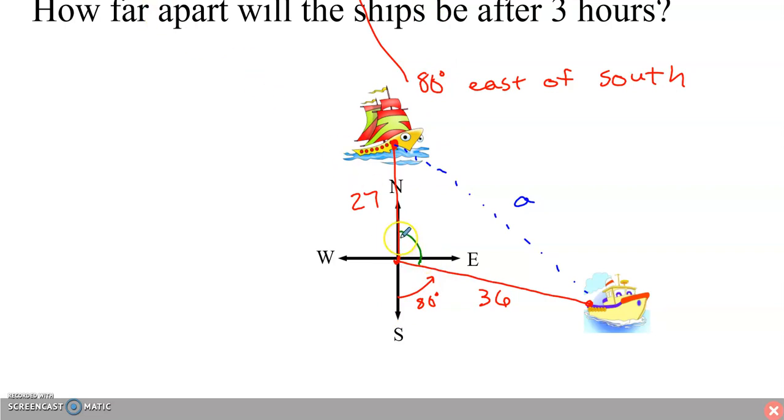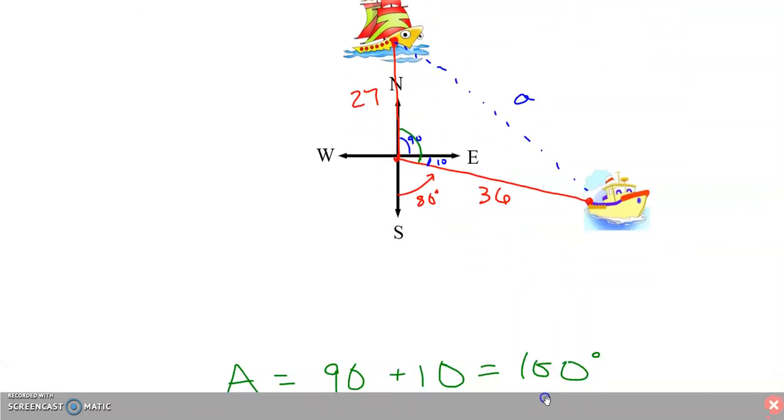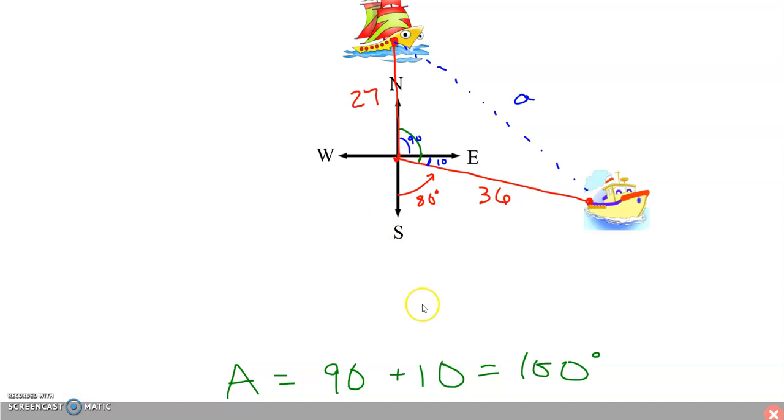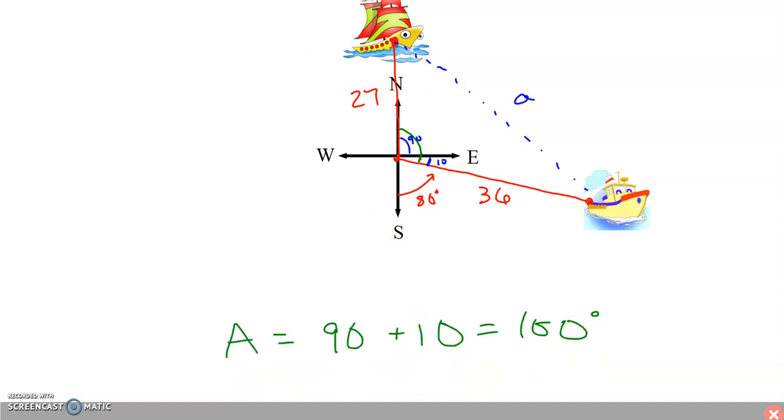Another way is that from north to east is 90 degrees, and from east to south is 90 degrees, so you subtract off that 80 to get 10 degrees. Then piece together a 90 plus a 10 to get a 100 degree angle for the angle opposite side length A.